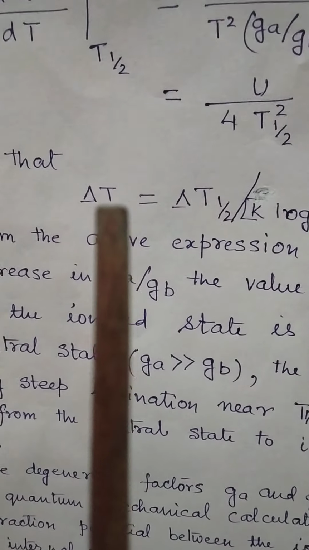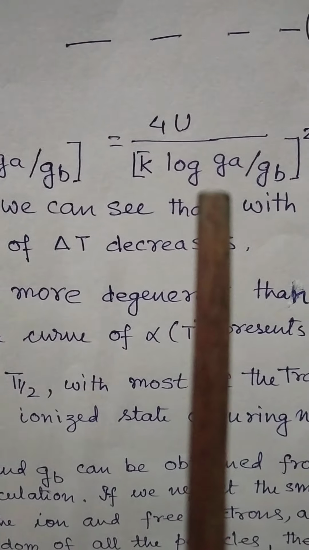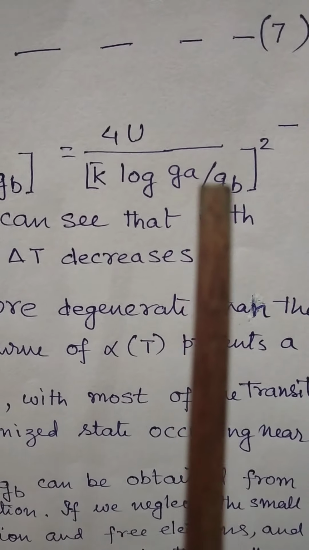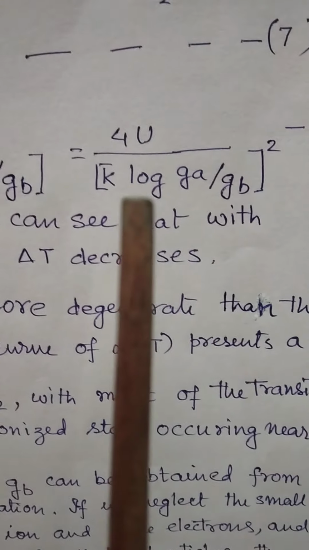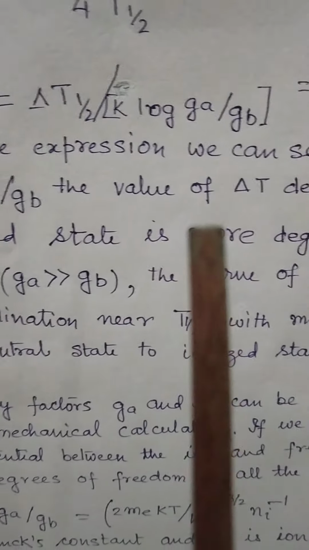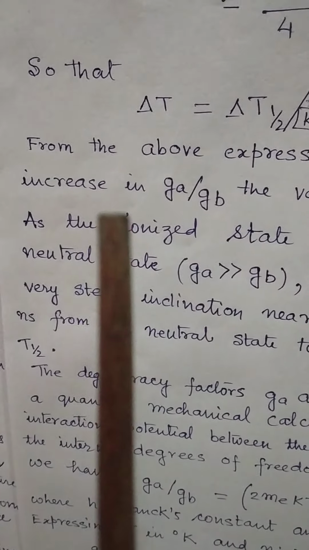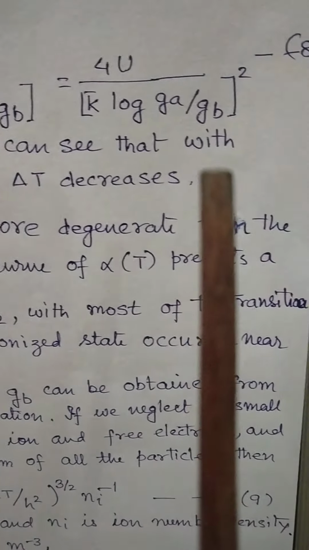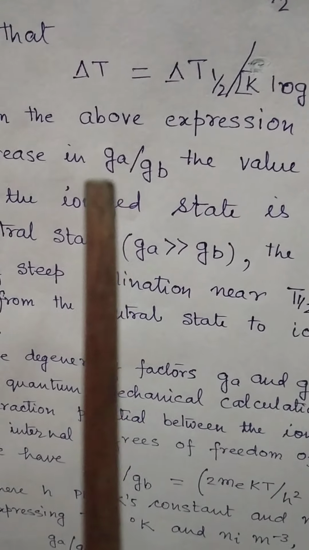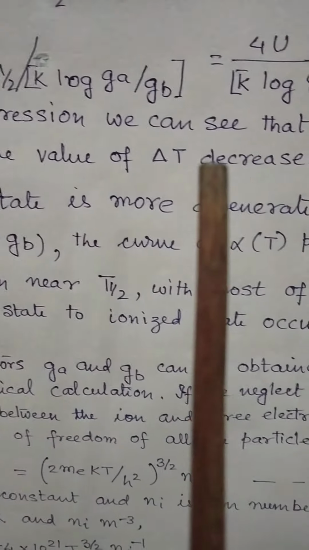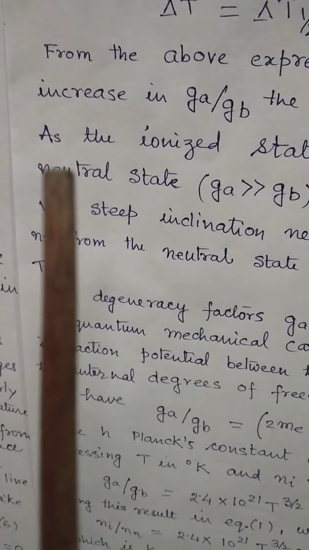Now, this is the value of delta T, and here the value of Ga upon Gb is in the denominator, which is whole square. So if we increase the value of Ga upon Gb, the value of delta T will decrease.